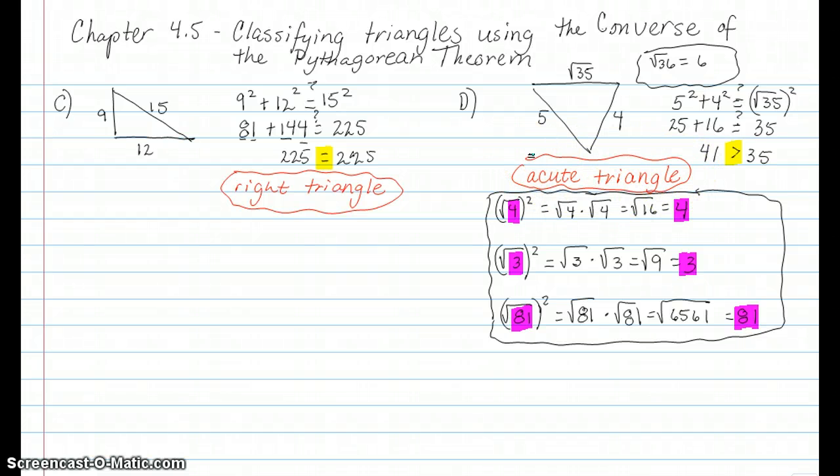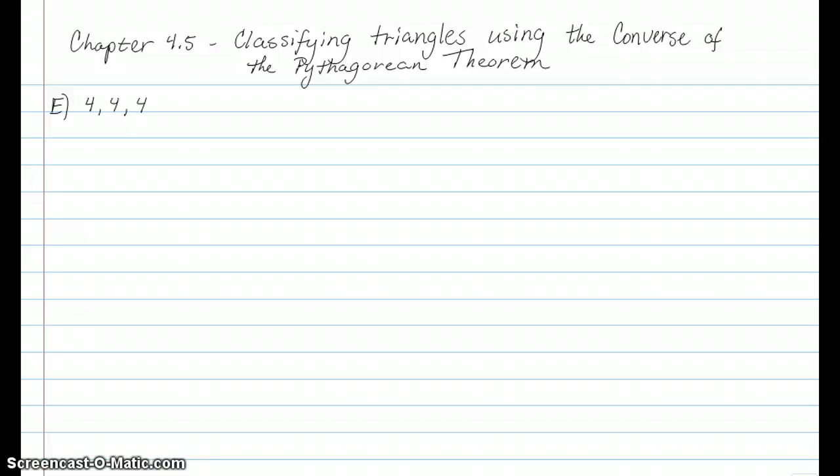All right, now we're going to go where we don't have a picture, we just have numbers. So that's our next step. Okay, for letter E, 4, 4, and 4 are the sides. Well, now you know that this is going to be, from past experience, equilateral, which then means it's equiangular.